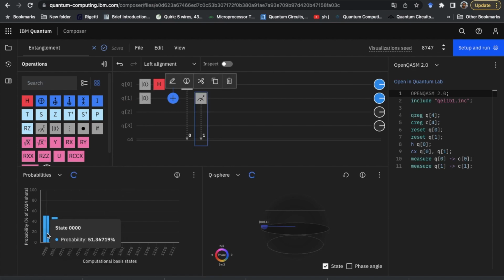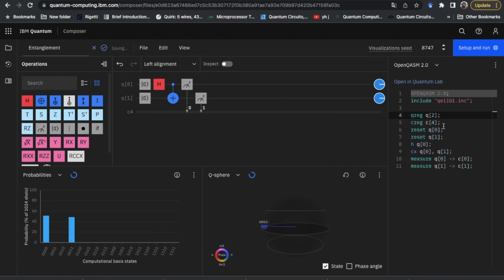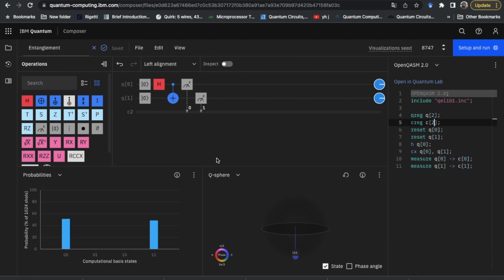So here you can see two possible states, which are 0 0 and 1 1. Now reduce to a 2 qubit system, which makes it more understandable.